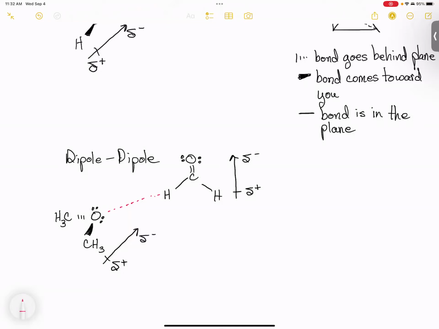Basically, the main key is a polar molecule takes a polar solvent. I'm not going to ask you to draw it. I'm not going to ask you to identify the interaction. I'm asking you to recognize polar wants polar, nonpolar wants nonpolar.